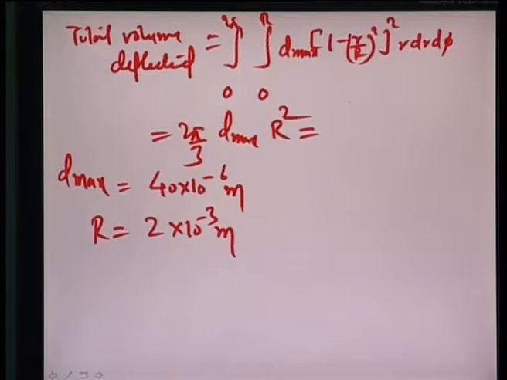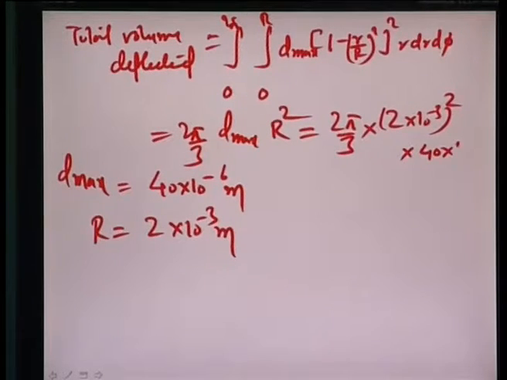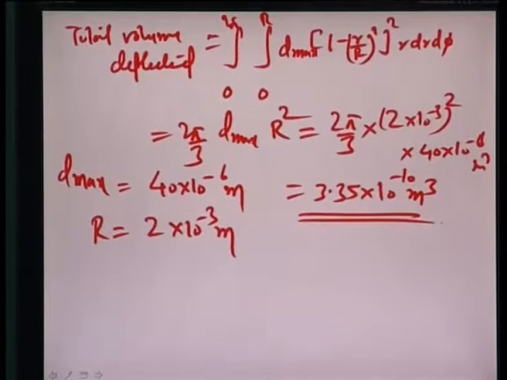Therefore, the total volume deflected is 2 pi by 3 times (2 times 10 to the power of minus 3) squared times 40 times 10 to the power of minus 6 meter cube. This becomes equal to 3.35 times 10 to the power of minus 10 meter cube. This is the total volume deflected.